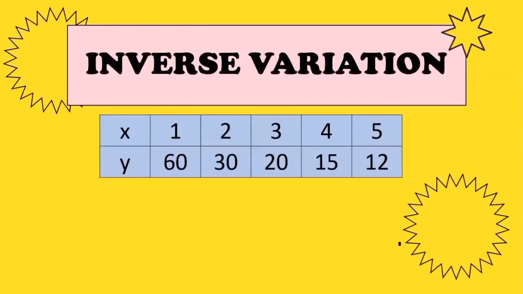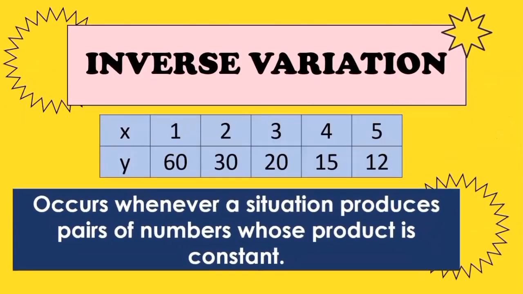Now let's proceed with the third definition. We have two already. It says here, it occurs whenever a situation produces pairs of numbers whose product is constant.